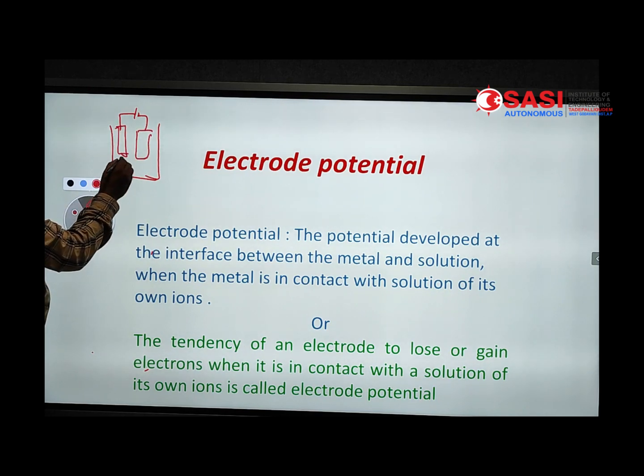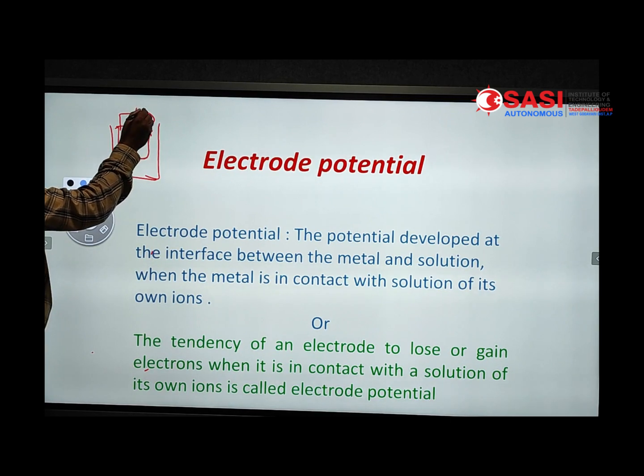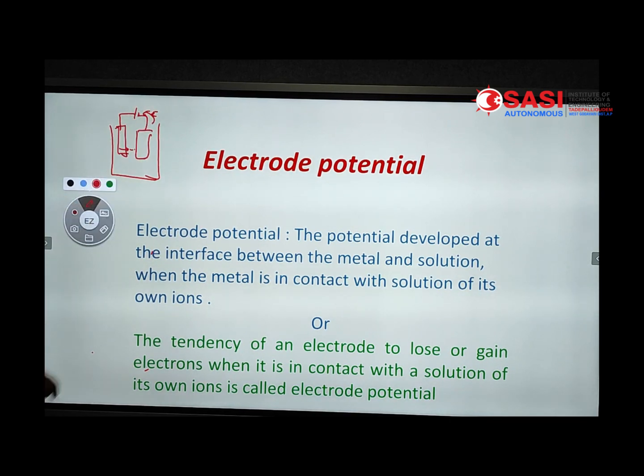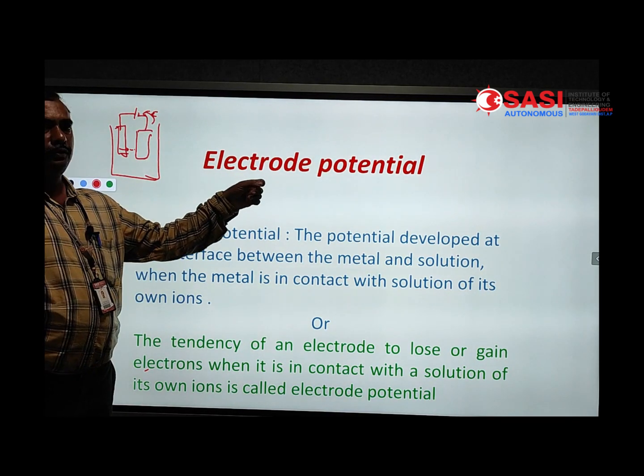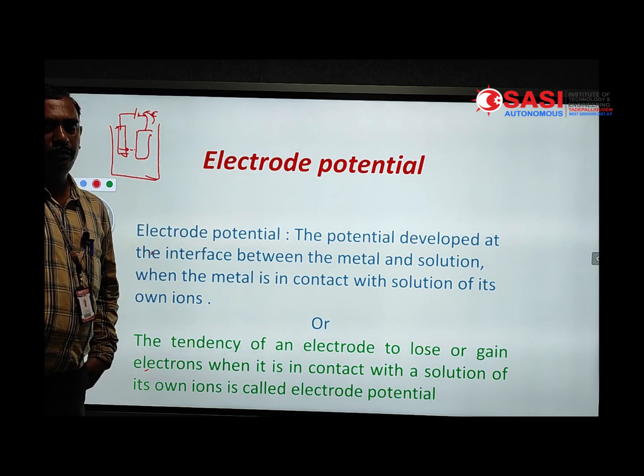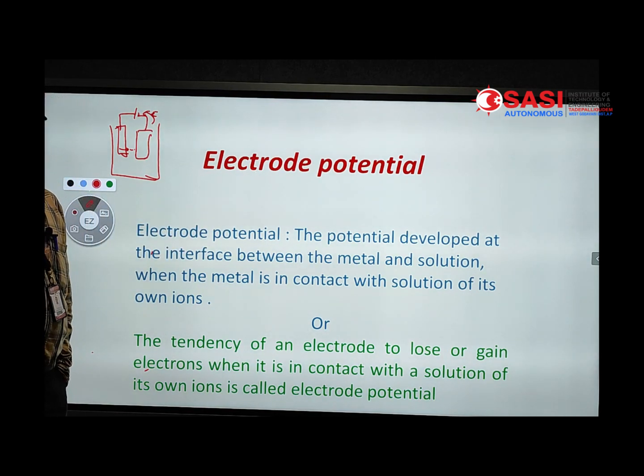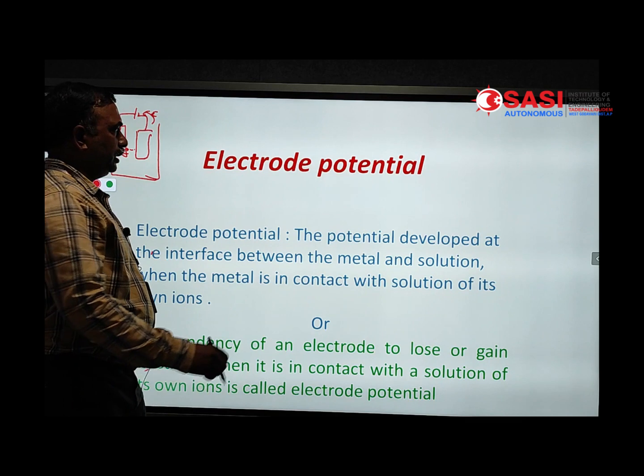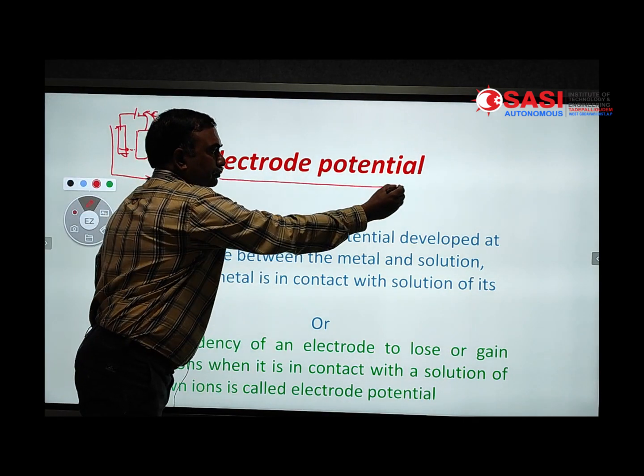You pass current, they undergo electrolysis, and the circuit carries on by the transfer of electrons. So what do we mean by electrode potential? This is the new topic we are going to study in engineering chemistry.